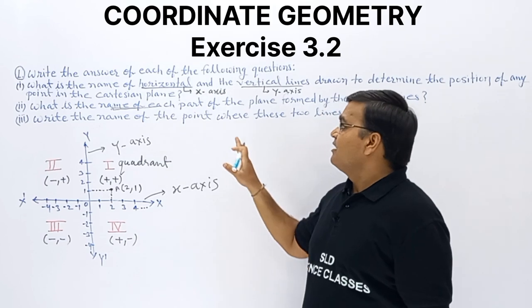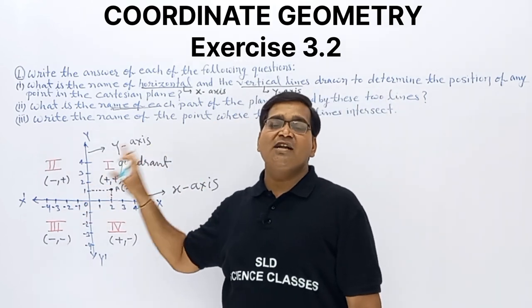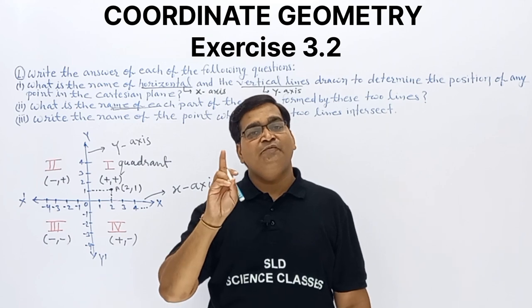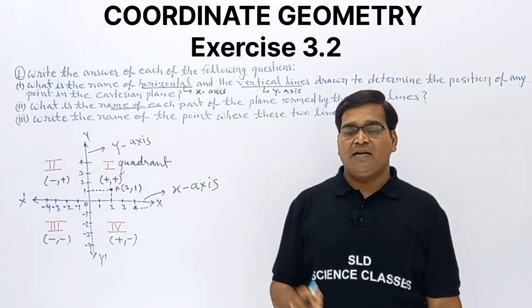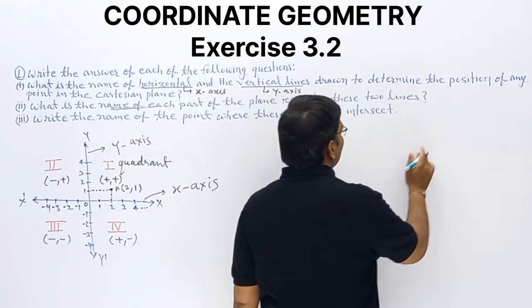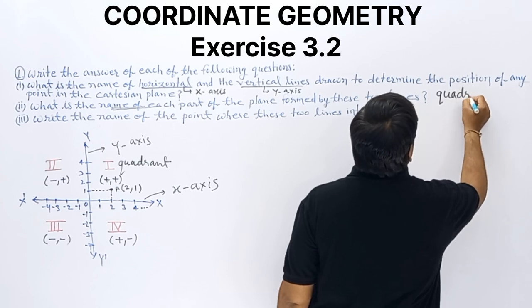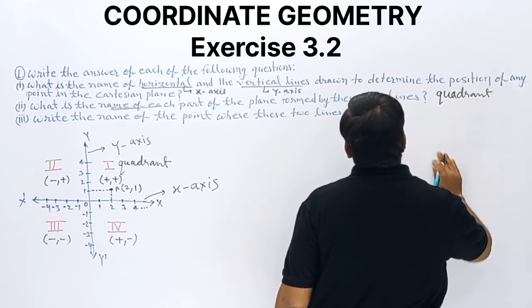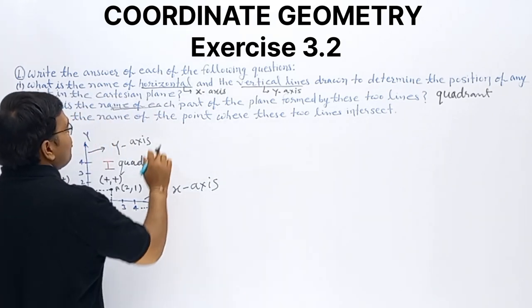A quadrant means one-fourth part. Quadrant means 1/4. So the answer will be quadrant. Clear?